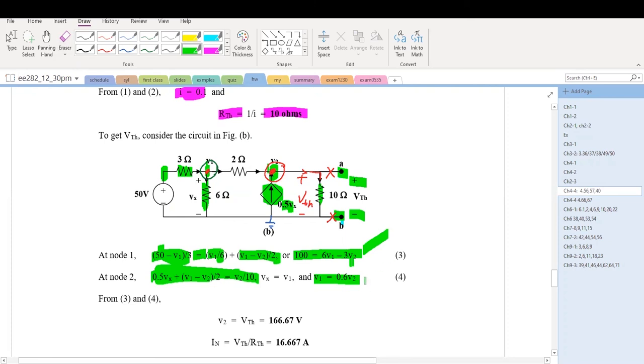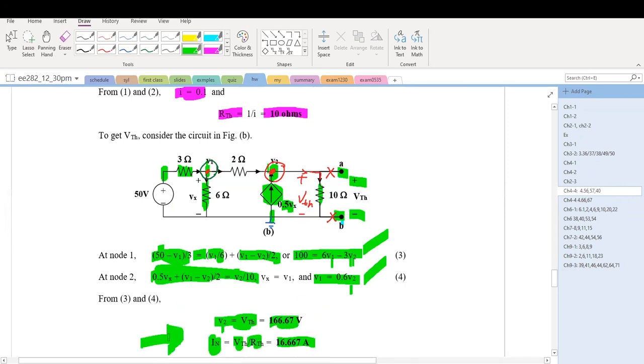Now there are 2 equations and 2 unknowns. We can solve for V1 and V2. And recognize V2 equals VTH because this is a nodal voltage, and this is the reference node. So therefore, VTH equals V2. Once we solve V2, we obtain VTH.